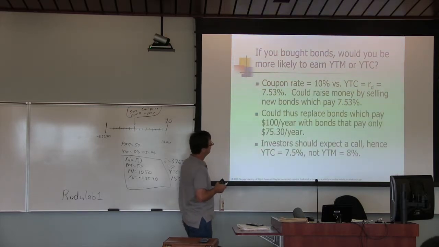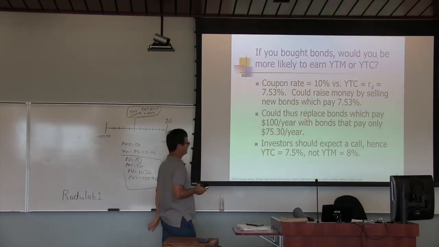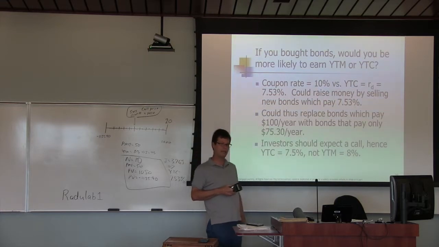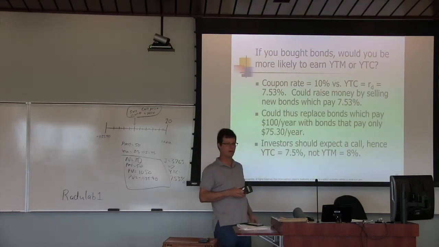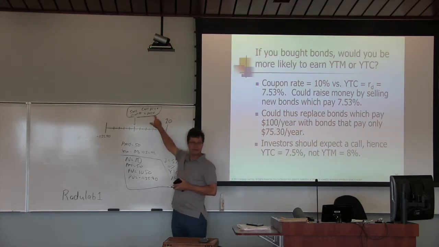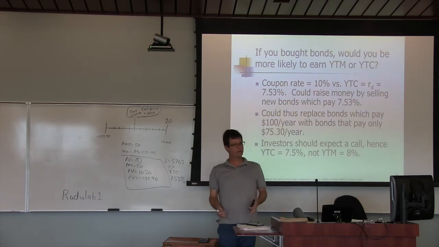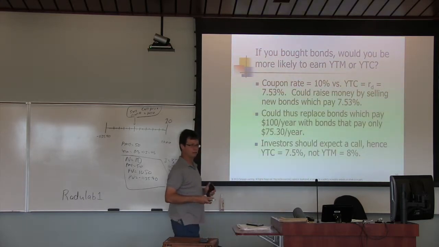We work it out versus the 8%, and the 7.53% indicates that the issuing company would go ahead and pay off those bonds at the call price, right? Because that's cooked into it. That 1,050 is cooked into that 7.53% yield to call, and they would go ahead and buy those back.